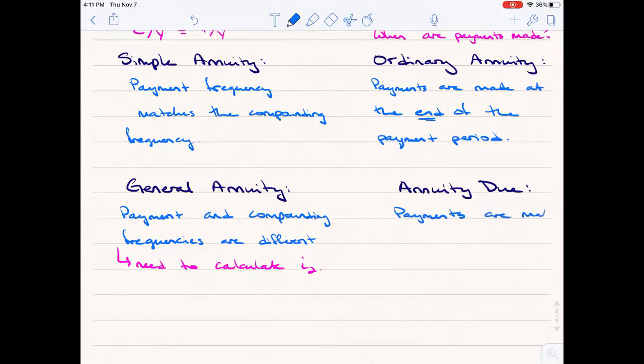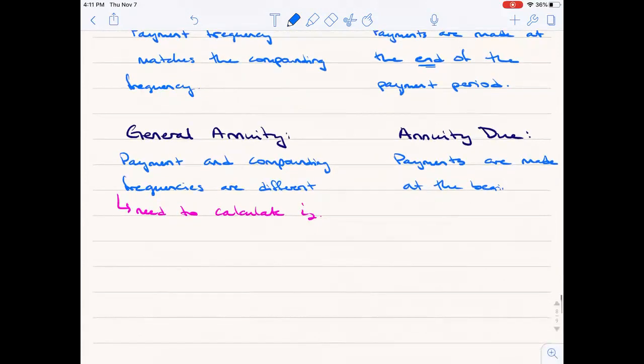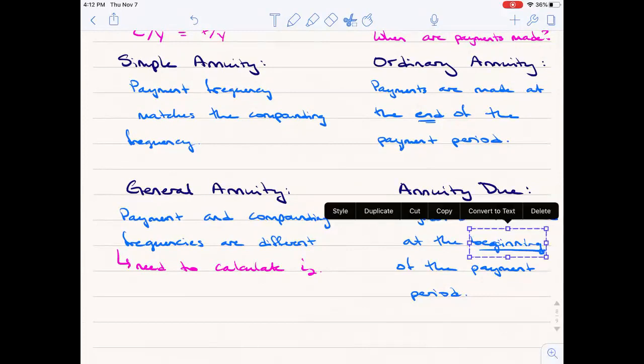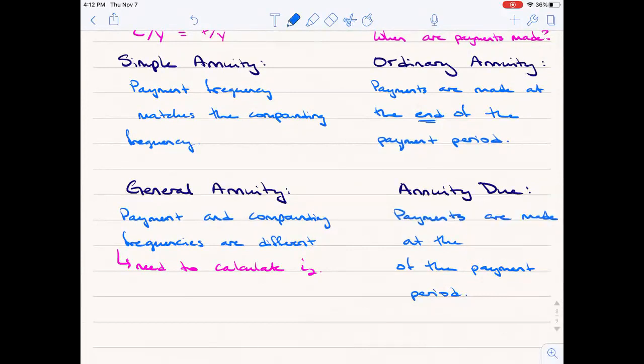Payments are made at the beginning of the payment period. Beginning is kind of a key word.